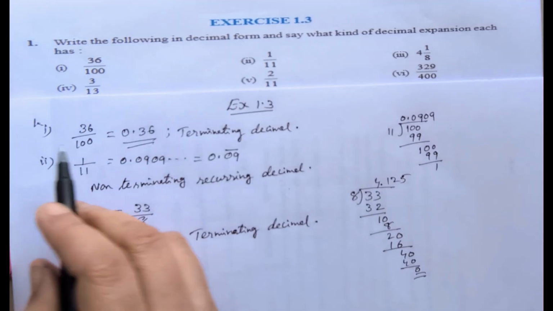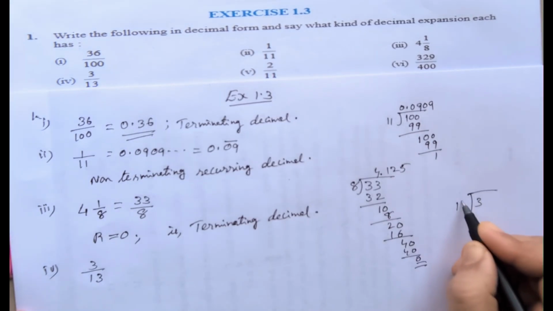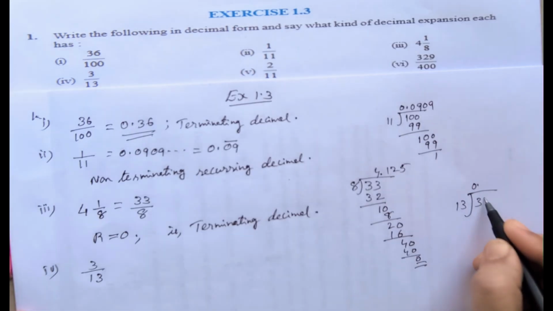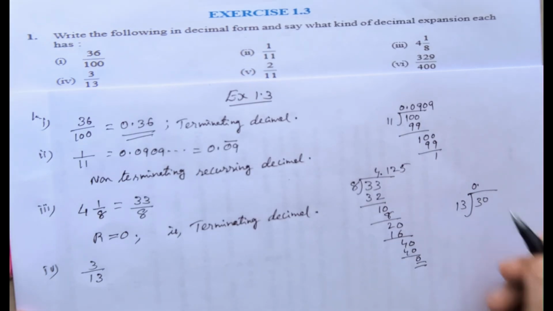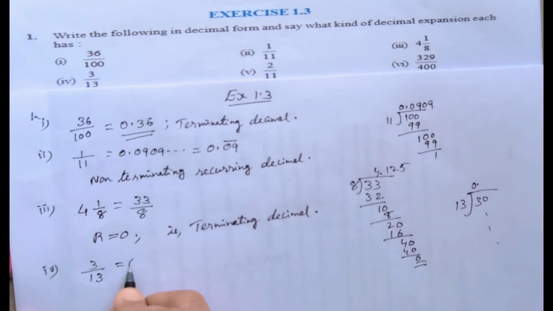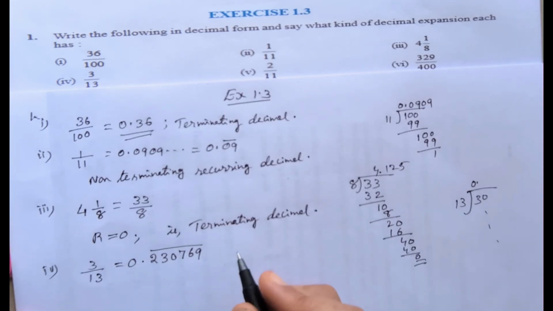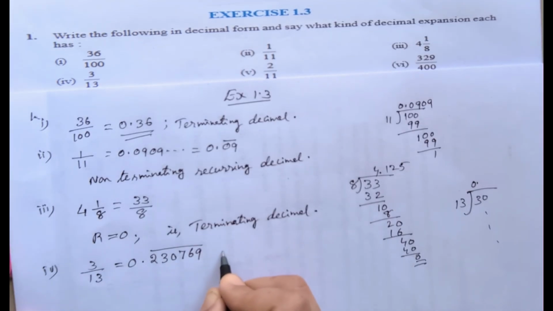Now next one, fourth question, 3 by 13. When you are dividing 3 by 13, same way, first you have to put 0 and add 0 on the right side of 3, 30, and continue the normal division. We will get 0 point, and a block of digits is repeating. That means 2, 3, 0, 7, 6, 9. This block is repeating.